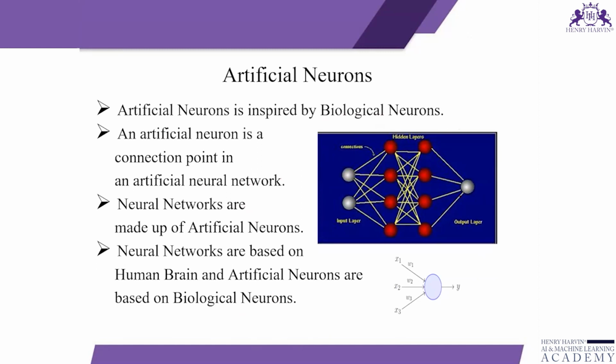Neural networks are made up of artificial neurons, and neural networks are based on the human brain, and artificial neurons are based on biological neurons. So this is almost similar to the biological neuron. Here you can see some input and some output, right? Here some processing is going on.